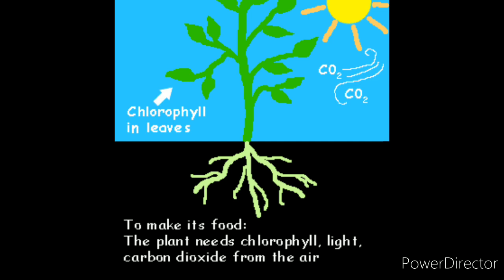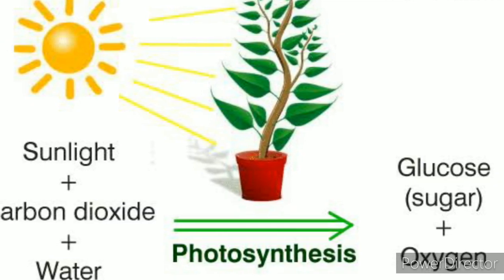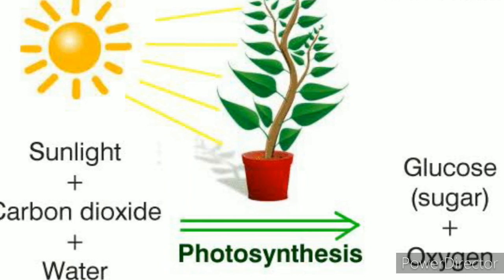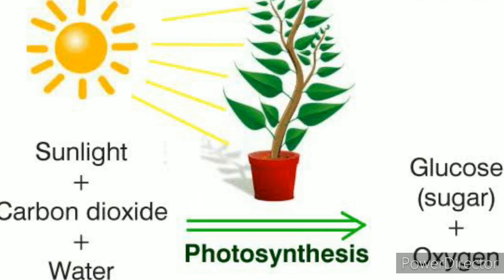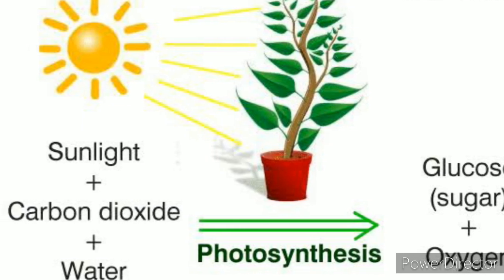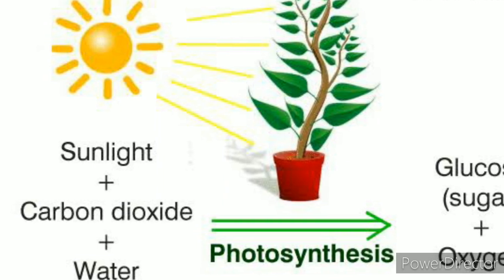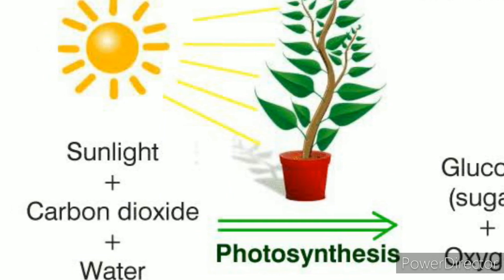This water is absorbed by the roots, and afterwards sunlight just heats up the water, and afterwards this water changes into glucose. So glucose is the food of the plant. Clear? And the required food is taken by the plant, and the leftover will be stored by the plants in the different parts of it, and this leftover food is known as starch.